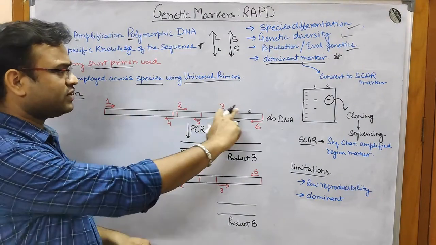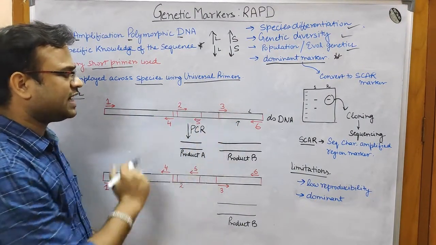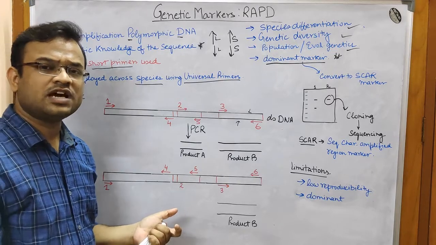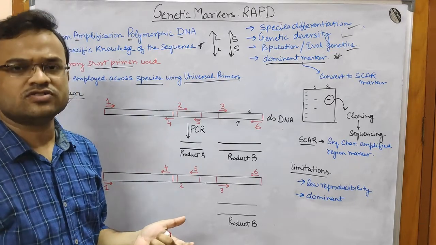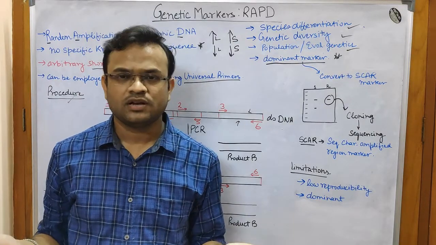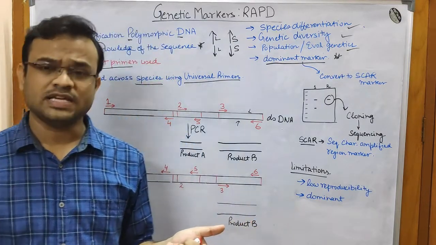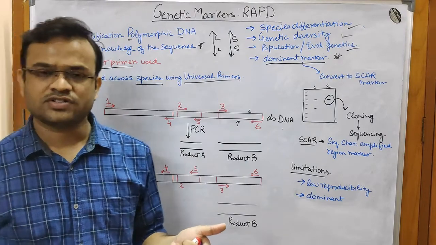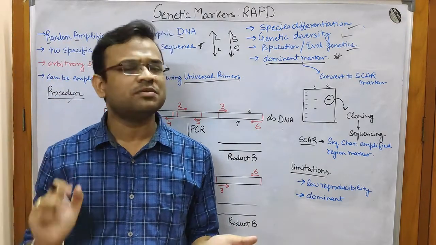So as we said, this is the first strand, this is the second strand. When you put in the PCR, what are the ingredients of a PCR? You have to have the DNA sample, you have to use the dNTPs, you have to use the buffers, you have to use the Taq polymerase, right?